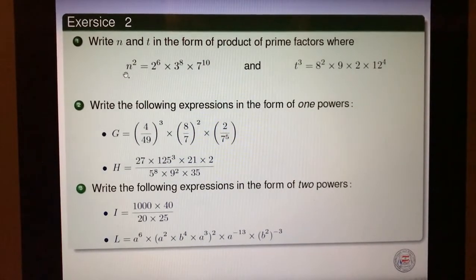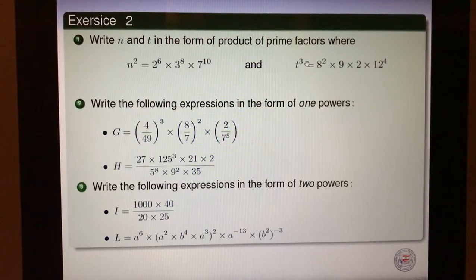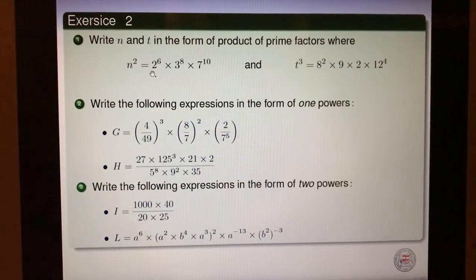So we have n squared equals to this expression, and we need to write n. We have t power 3, and we need to write t. So we will start by n. We have n squared equals 2 power 6 times 3 power 8 times 7 power 10. 2, 3, 7 are prime numbers. So we don't need to write these numbers in the form of prime factors because they are already prime numbers.